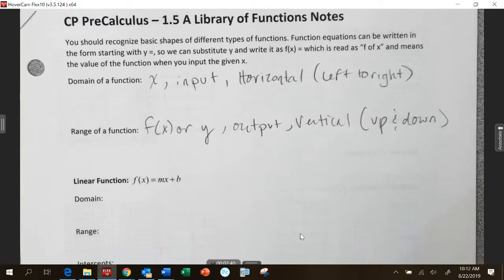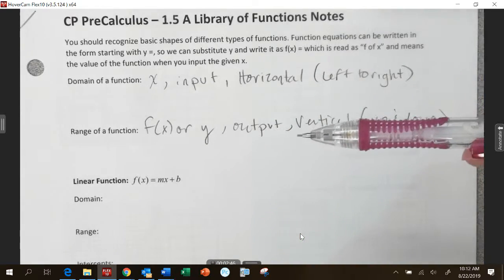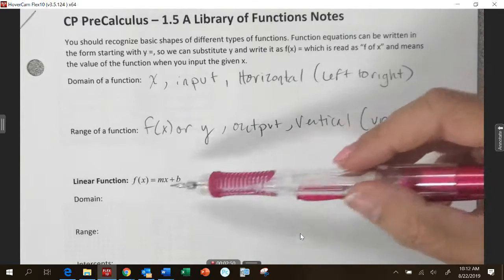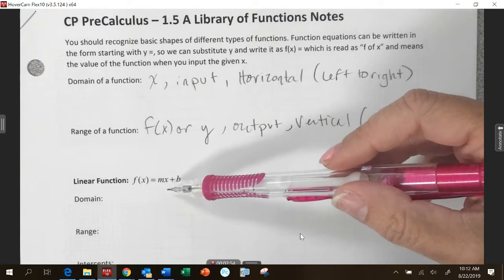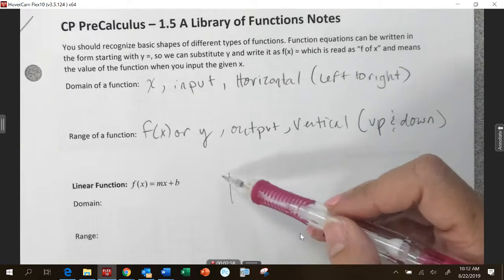We just did 2 days of linear functions. So if we have a linear function, f of x equals mx plus b, what would our domain be? What numbers are we allowed to plug in for x? For a line, if you're making a table.